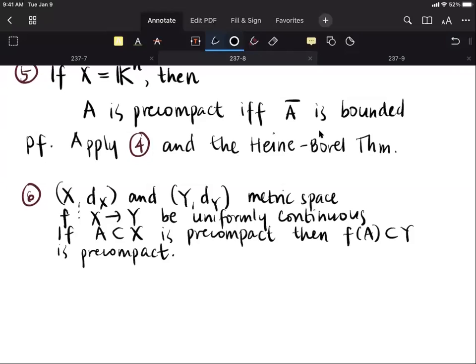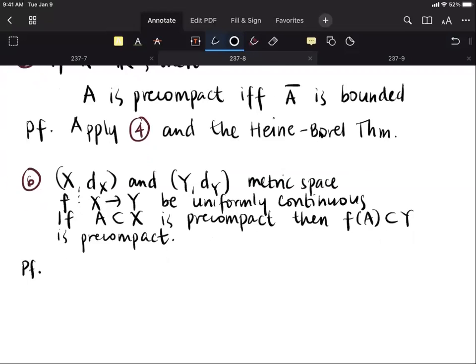That is, the image of a pre-compact set is again pre-compact. There are examples wherein continuity is not sufficient, so uniform continuity is needed. Going quickly with the proof of this theorem.